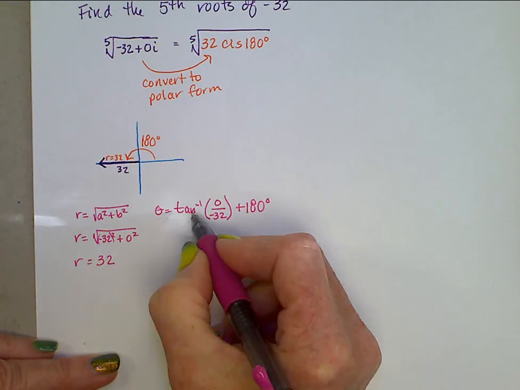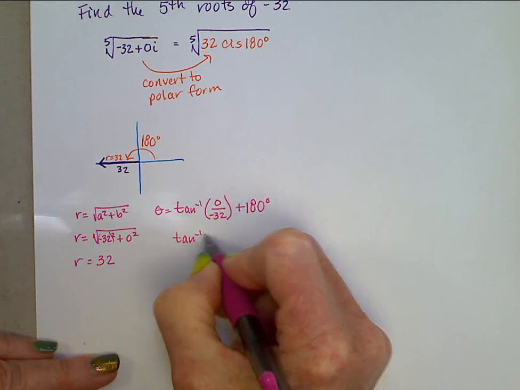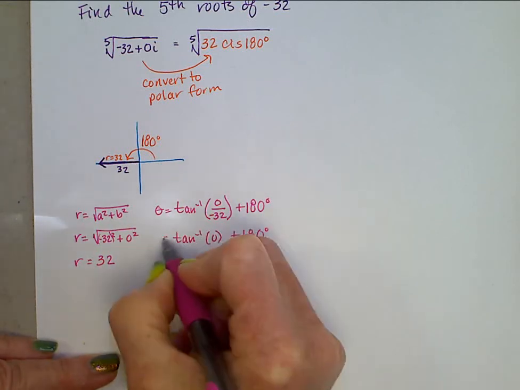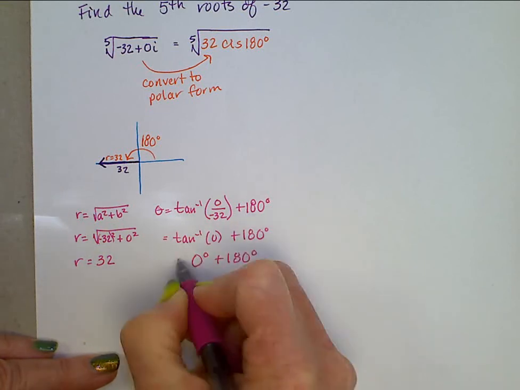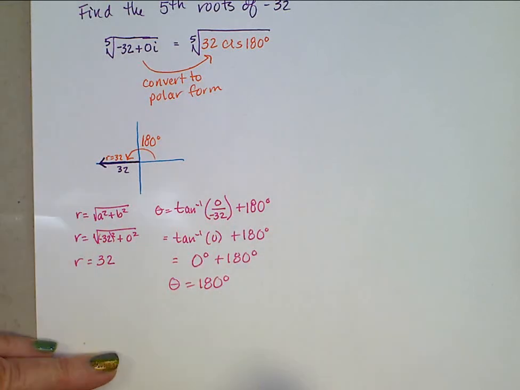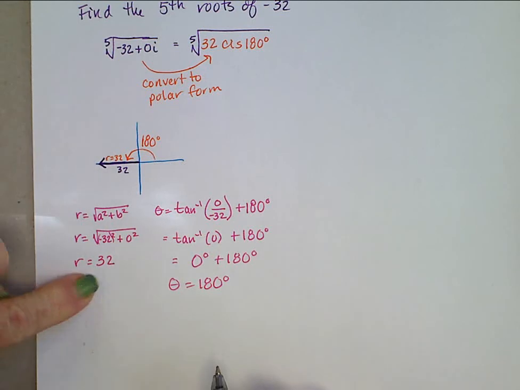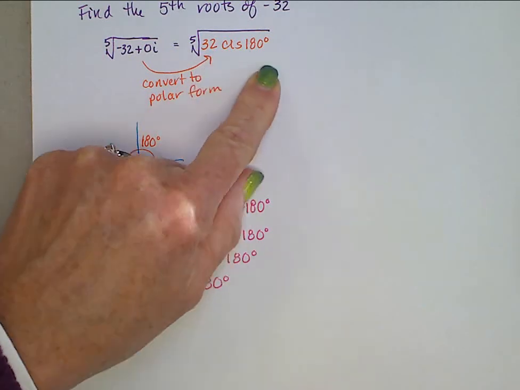The inverse tangent of 0 is 0, plus 180. Theta is 180 degrees. So whether you like the picture or whether you like to use the formulas, either way, you need to be able to come up with this complex number in polar form.